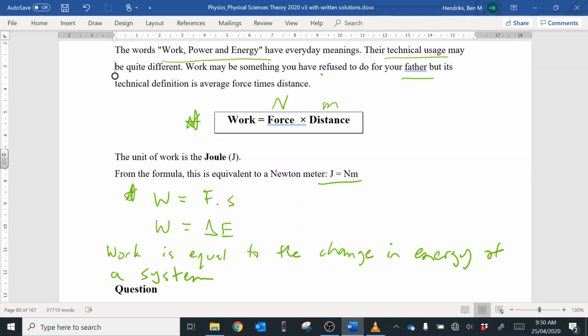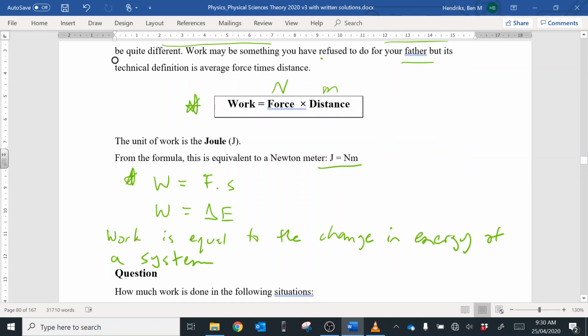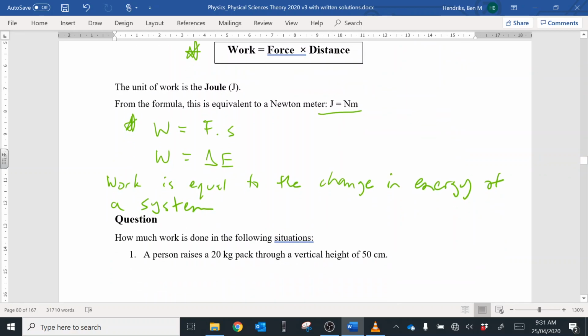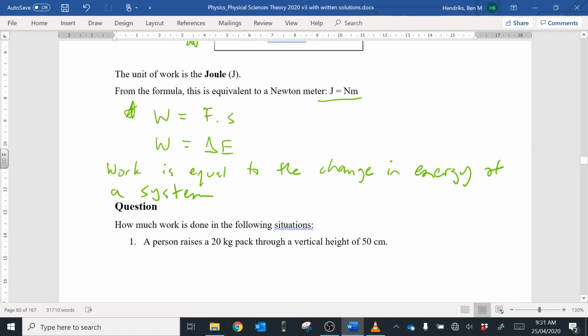It's going to take less work, or less energy to lift it, than say a 10 kilo dumbbell will. So yeah, you can think about it intuitively as well.